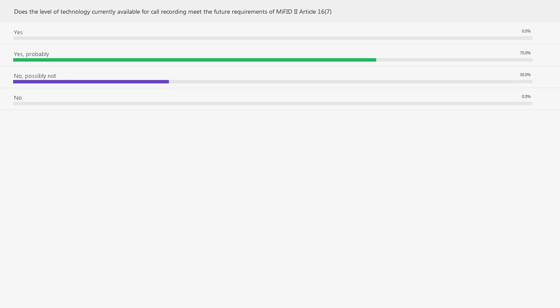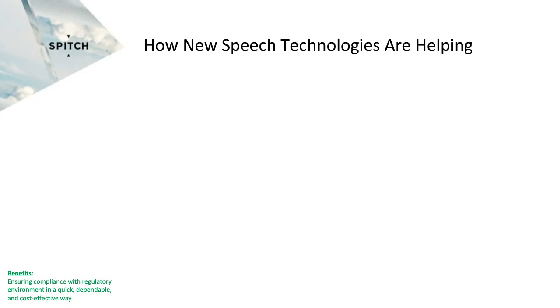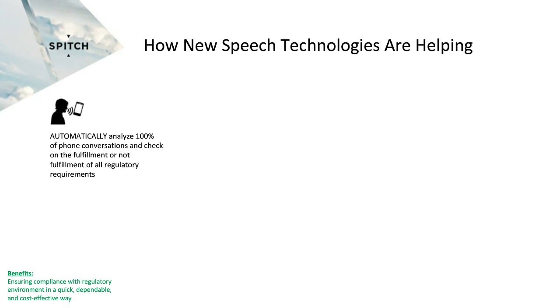Okay, right. So talking about technology, how is that new speech technology helping our colleagues? Okay, so as we have seen and as we've talked about, speech technology is definitely the way forward for quite a lot of businesses, but it's especially prevalent in financial services.